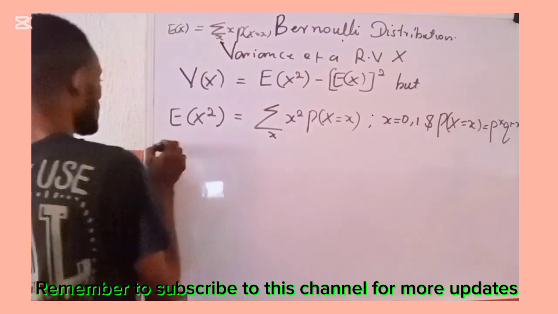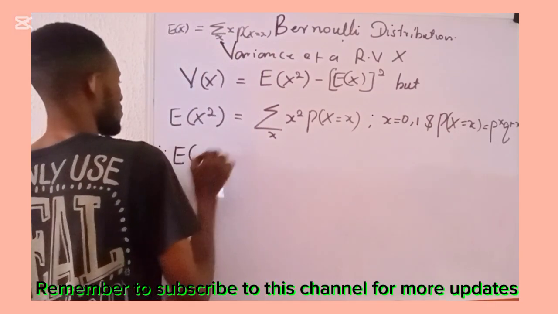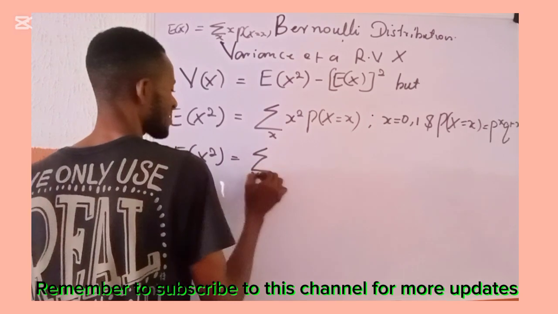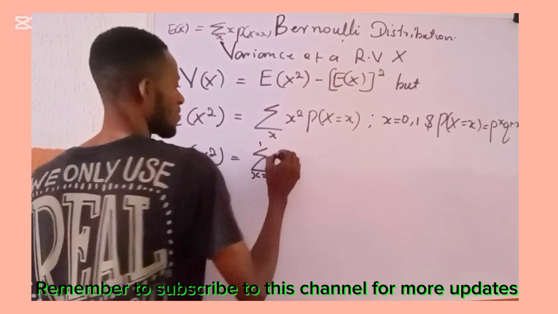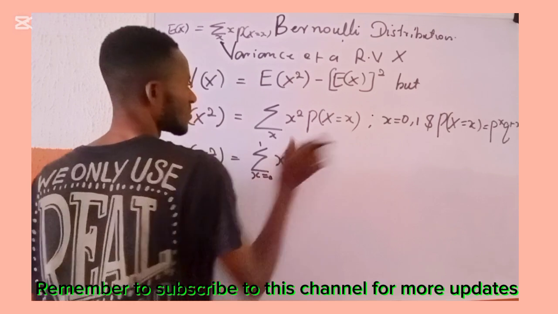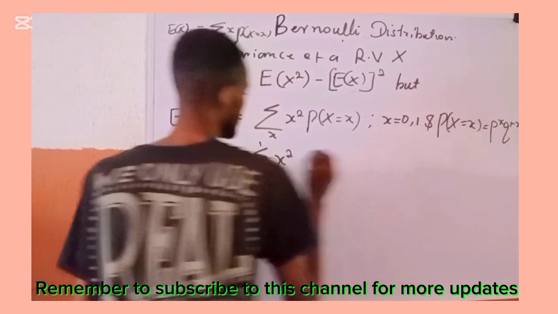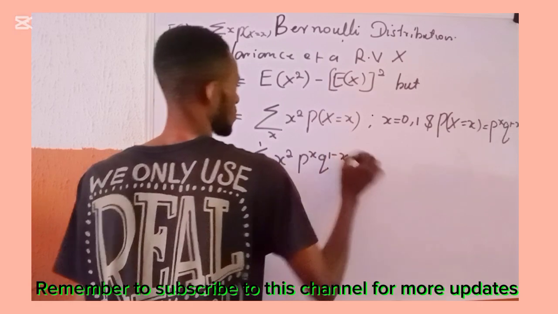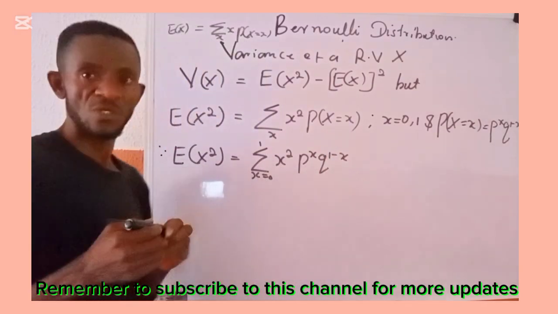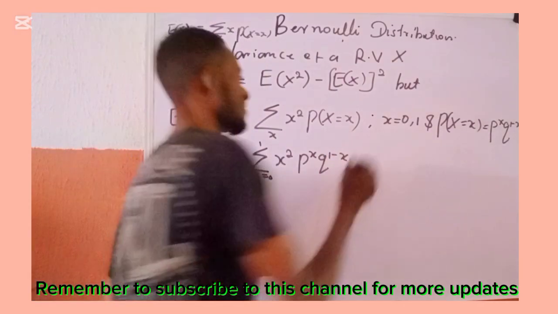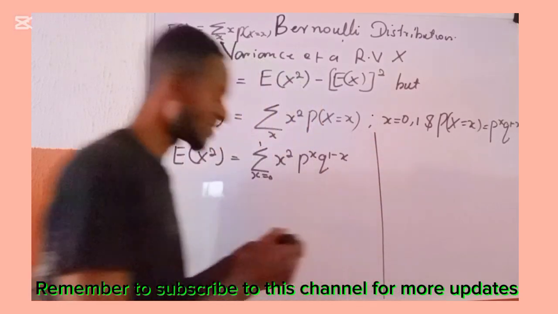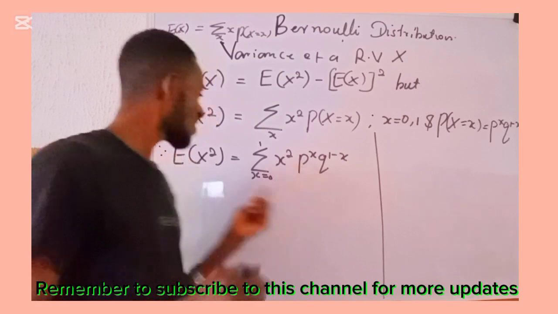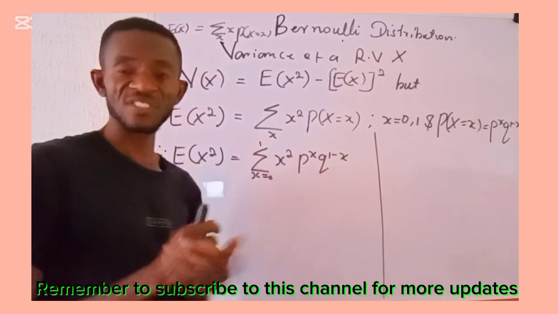So I will now say therefore, E of X raised to power 2 is given as summation, X running from 0 to 1, of X raised to power 2. Instead of writing this, I will now write P raised to power X, Q raised to power 1 minus X. What I'm expected to do here is simple, like I earlier had said: to evaluate this expression when X is 0 and when X is 1.